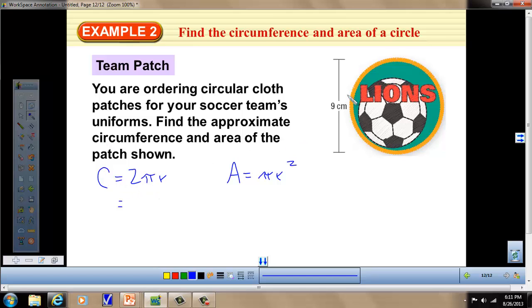So in this case, we need to find out what the distance is from here to here, because that's our radius. So what we do is we say that the diameter is equal to 2 times the radius, or in this case, the radius is equal to the diameter divided by 2, or 1/2.